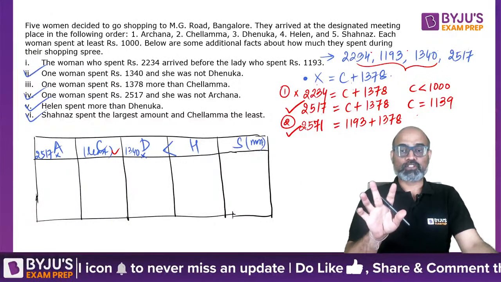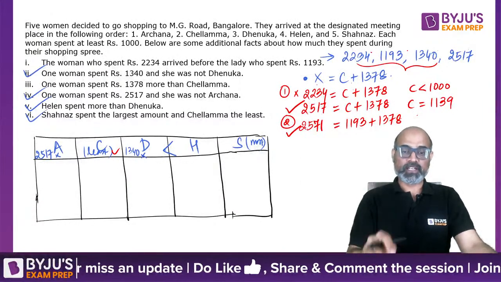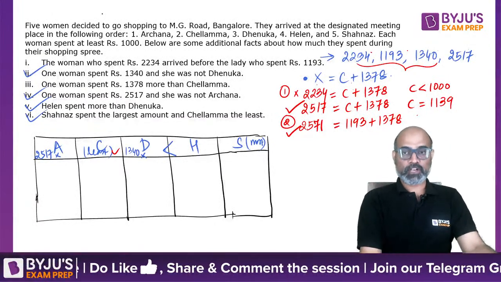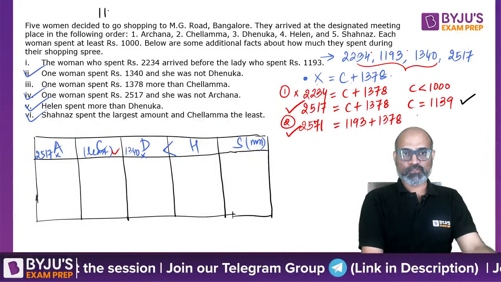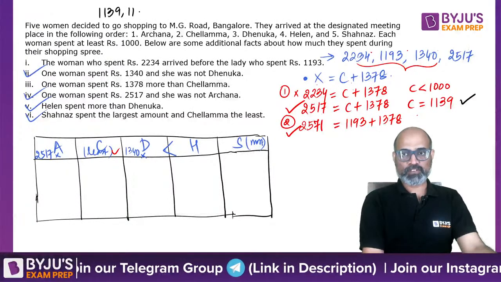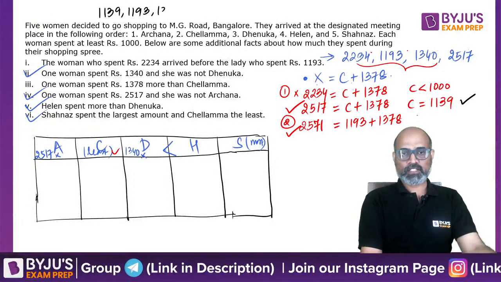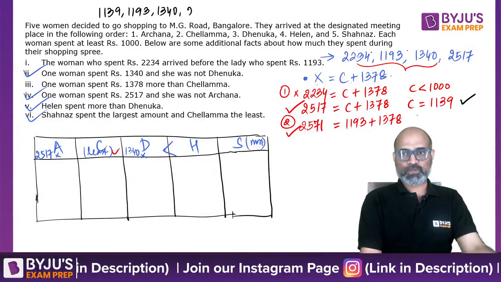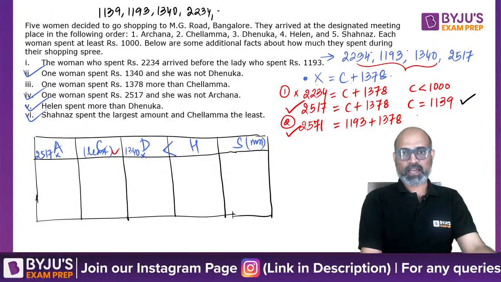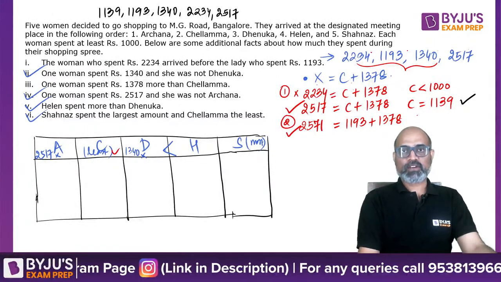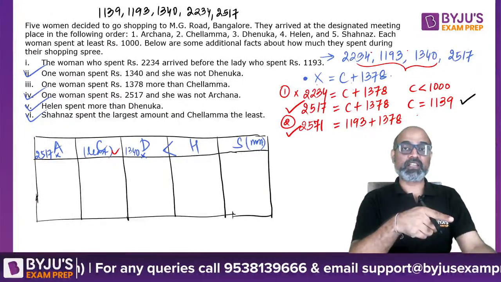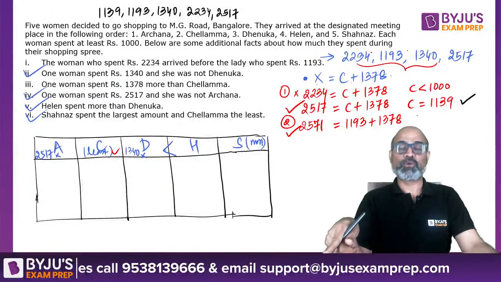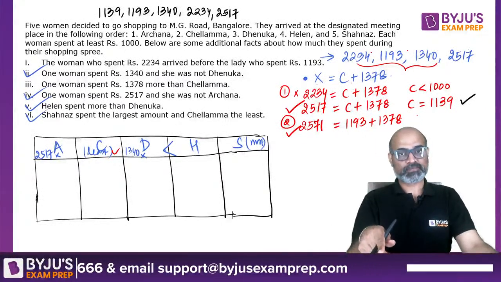So we have 2 possibilities. One possibility being that the 5 amounts are, looking into the first one, 1139, 1193, 1340, 2234 and 2517. 4 out of the 5 amounts are given, and one amount 1139, say 1378 more is 2517.